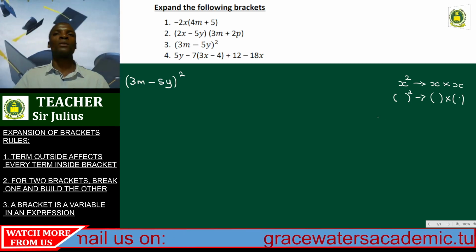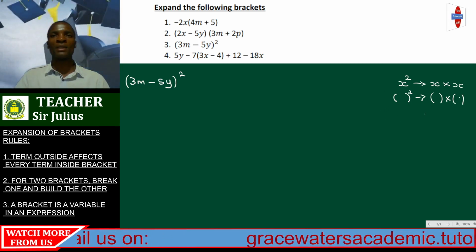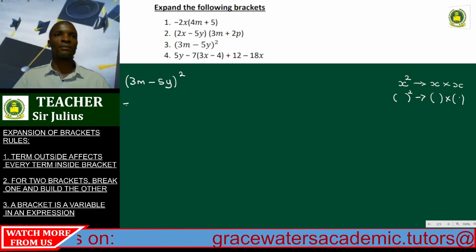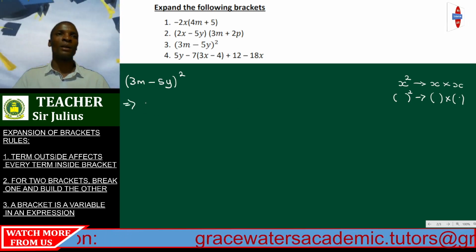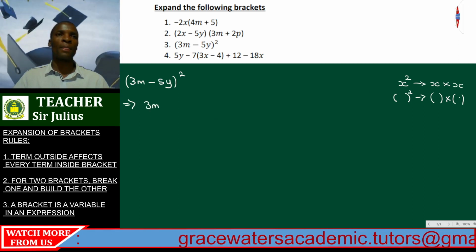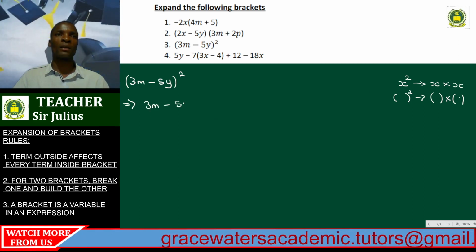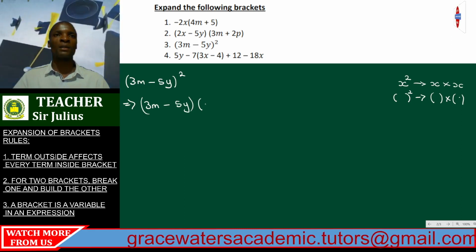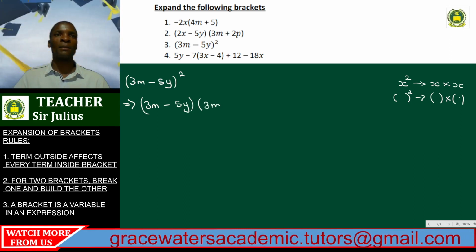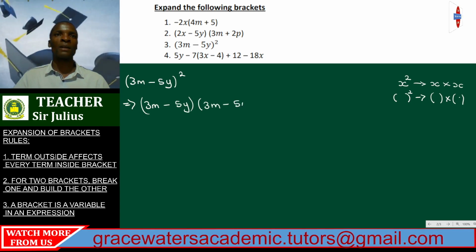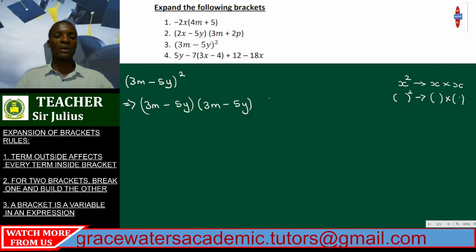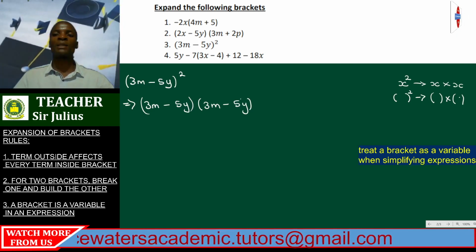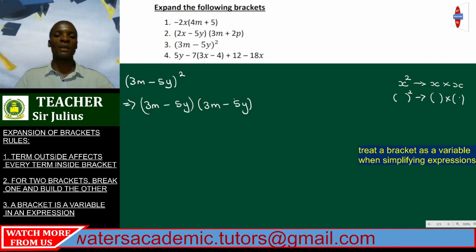Okay, so when we apply this in practice, you would find out that this bracket 3m minus 5y is going to multiply itself again, 3m minus 5y. That's according to rule number 3, which says that treat a bracket as a variable when simplifying expressions.